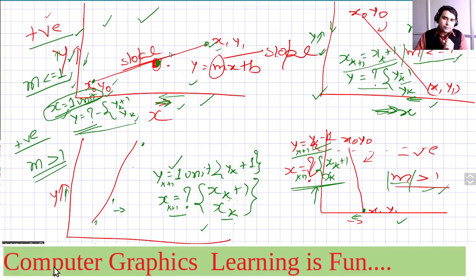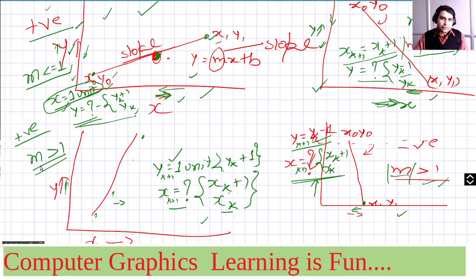Definitely in Bresenham's line drawing algorithm you will see how we do this. Here we are just trying to understand that if the slope is positive and less than or equal to 1, we increment x and find out the value of y, whether it should increase or not.